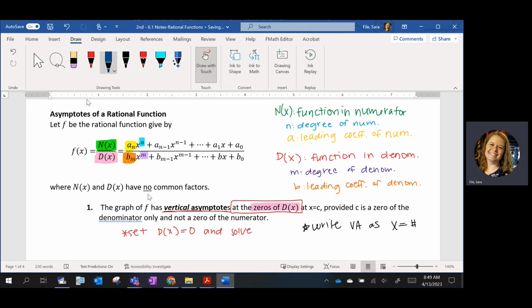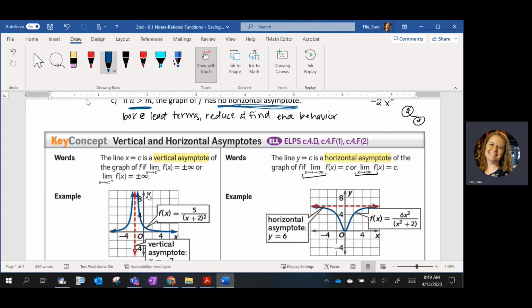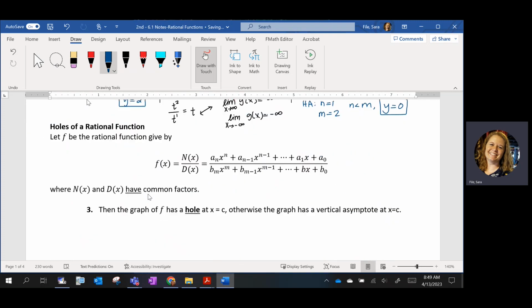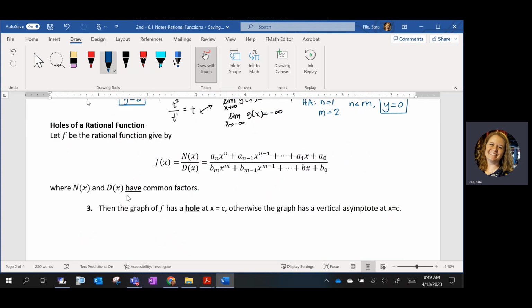So when we factor the numerator and denominator, there's nothing in common. However, if there is something in common, so when they do have a common factor, that means there's going to be a hole in the graph.